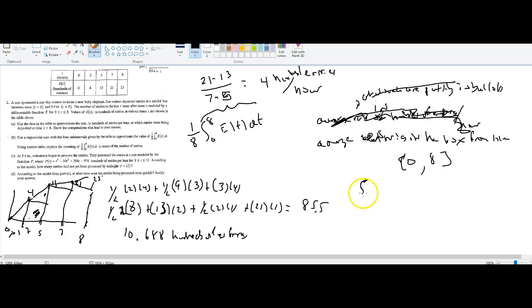I integrate, right? So I'm going to integrate t cubed minus 30t squared plus 298t minus 976 dt. And this is a golden opportunity to use your skills with the calculator that you've thus far developed.